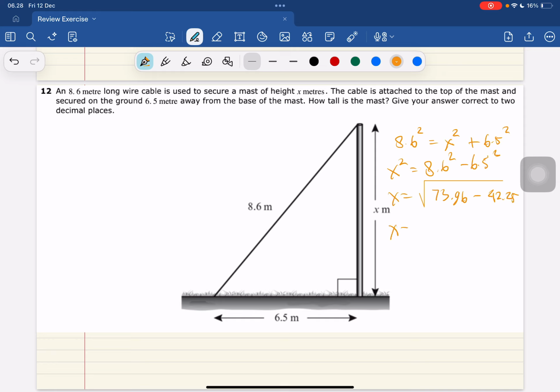So x equals the square root of 73.96 minus 42.25, which is 31.71. So x is the square root of 31.71. They want it correct to two decimal places, so this equals 5.63 meters.